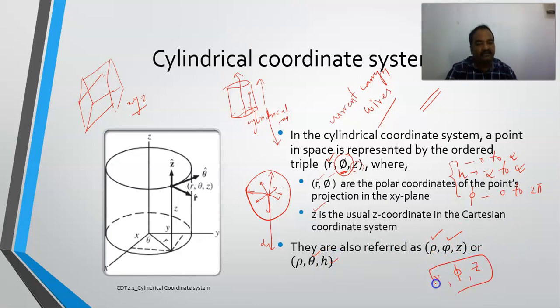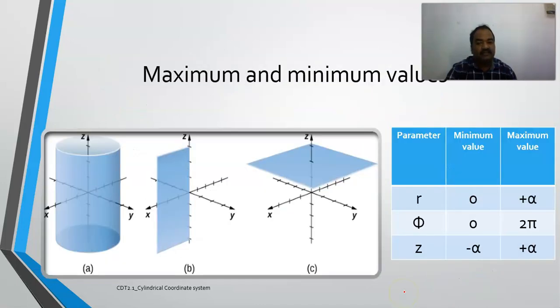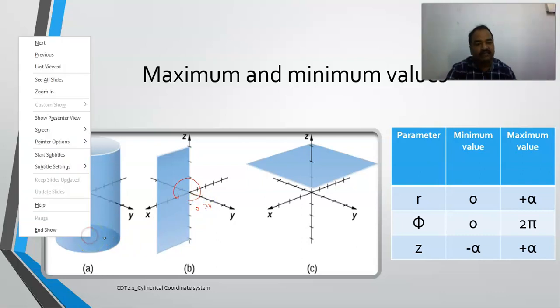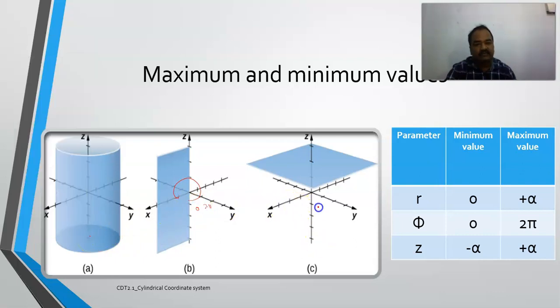Now, in the cylindrical coordinate system, this is the dimension of r, this is the dimension of theta. So theta is just like a plane which will be varying from 0 to 2 pi. This is the dimension of r, and this is the dimension of z.